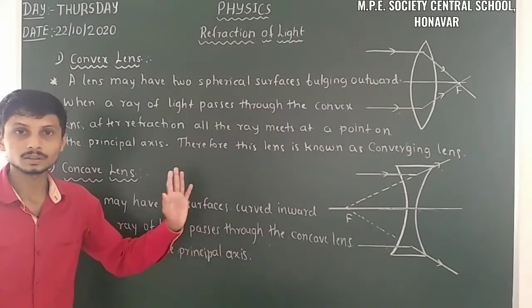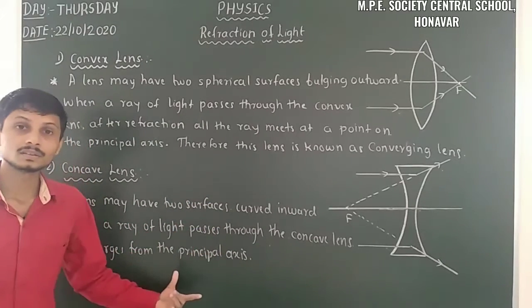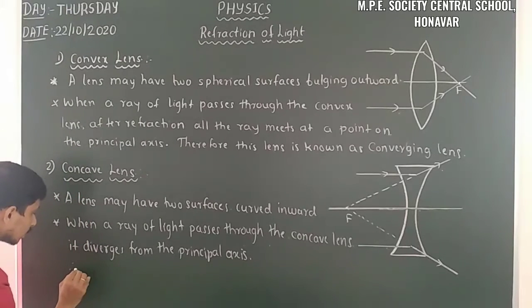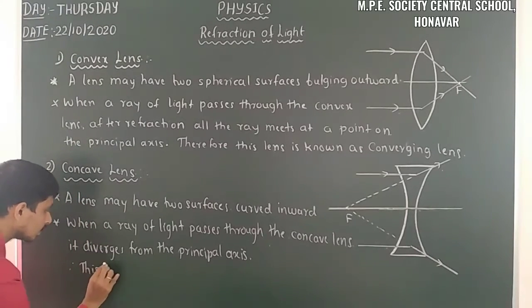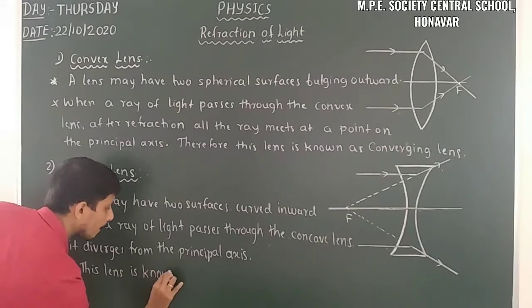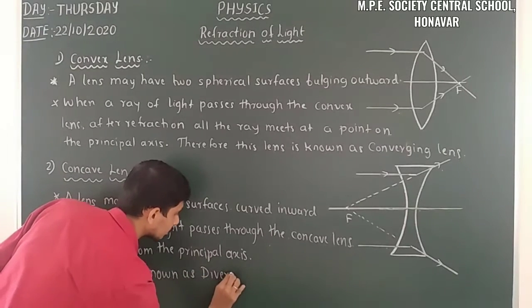Here we know that one. So we have to take it in a ray behavior. This lens we call a diverging lens. Therefore this lens is known as diverging lens.